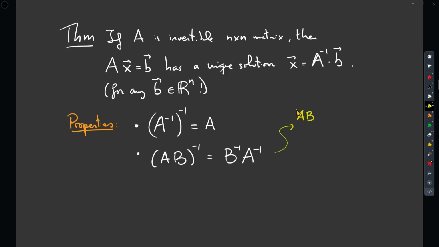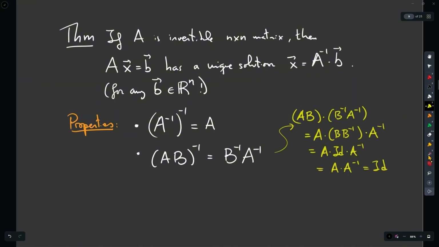Let's multiply AB times B inverse A inverse. Matrix multiplication is associative, so I can multiply first B times B inverse and then multiply by A inverse. Now B times B inverse is the identity, so this is A times identity times A inverse. A times identity is A, and A times A inverse is the identity. So you see that this matrix is the inverse of that matrix and vice versa.